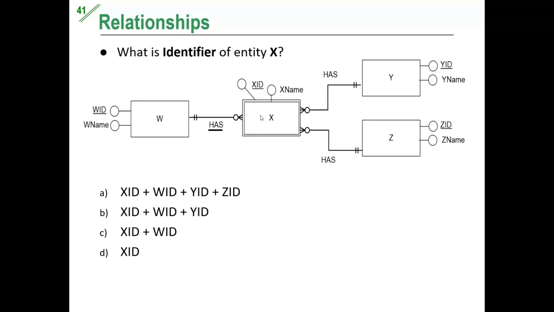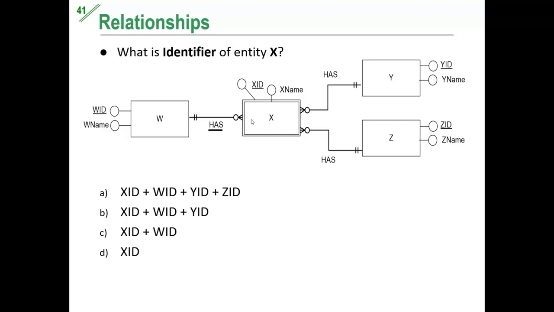Then the next question is from which side I need to borrow the identifier. You can see there are three connections. If you go to the right hand side, it isn't underlined, so I'm not borrowing anything. The other one, there's no underline there either, so I'm not borrowing anything, but we still get foreign keys, that's something else. But if I go to the left side, it's underlined, so I'm borrowing WID.